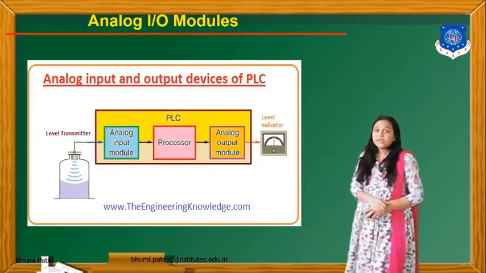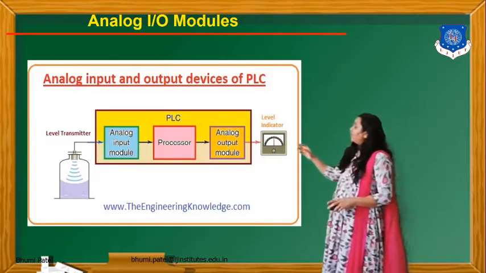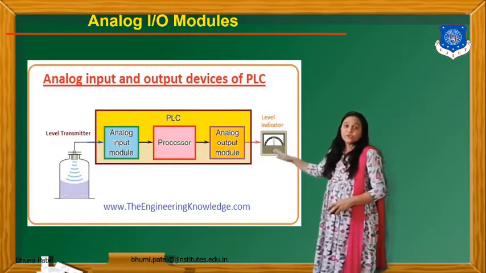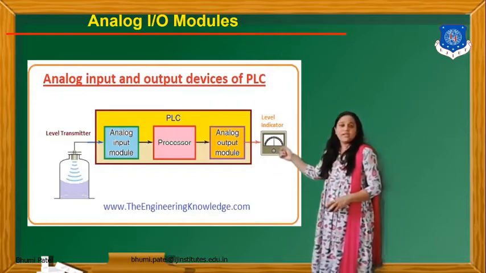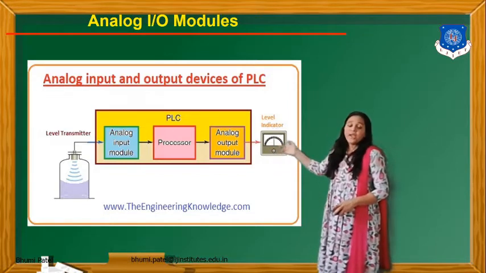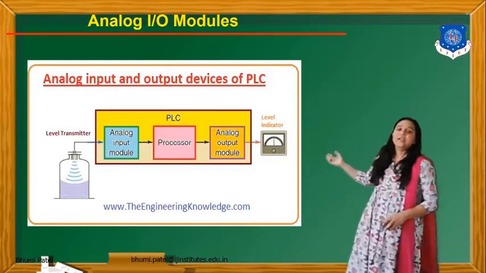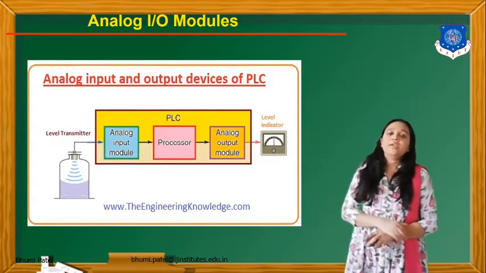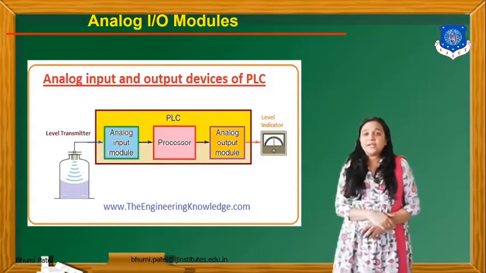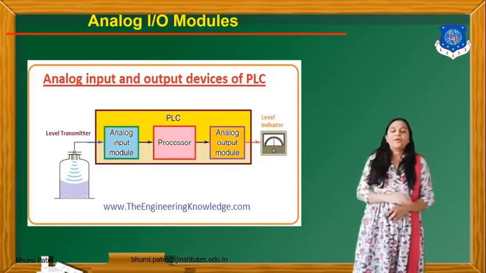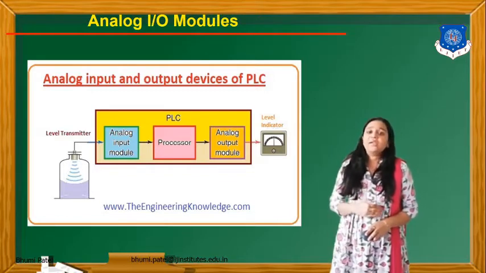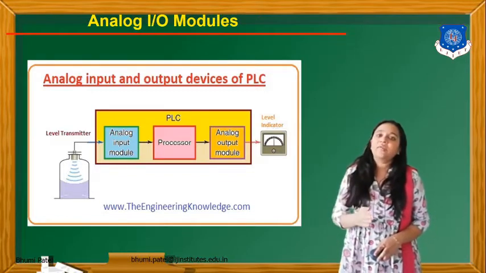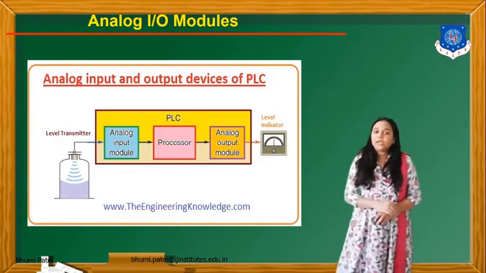As you can see in the diagram, the level from the transmitter increases or decreases depending upon the input, and it is shown on the level indicator. So the PLC between the analog input and output modules converts the data using an A to D converter and then a D to A converter.